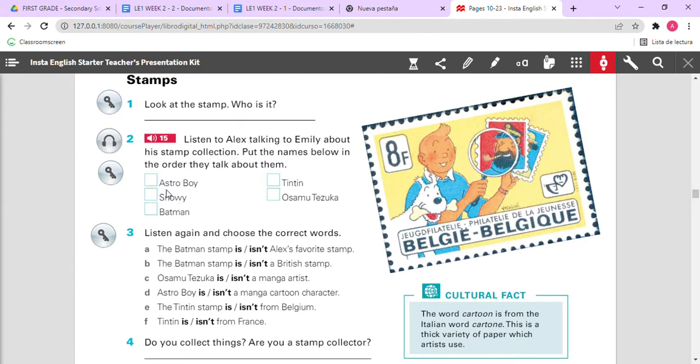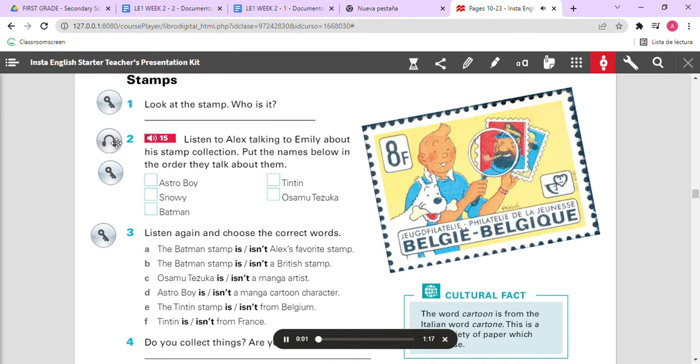For example, Astro Boy, Snowy, Batman, Tintin, or Osamu Tezuka. So according to the audio, what is number 1? What is number 2? What is number 3? Okay, so let's listen to the audio. Pay attention.